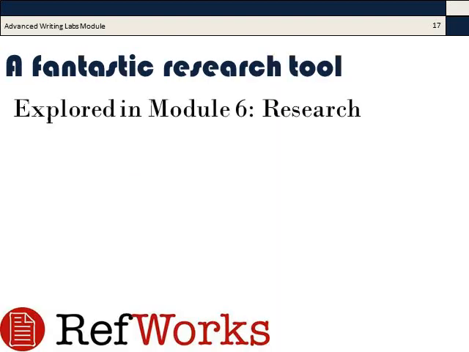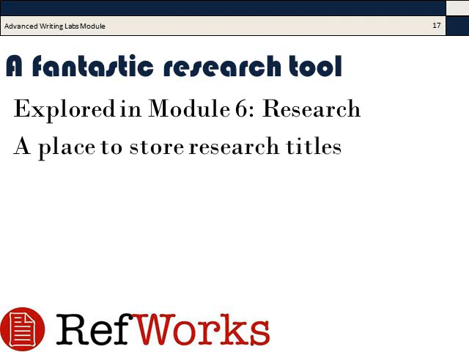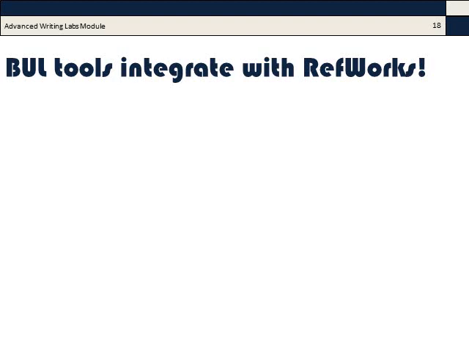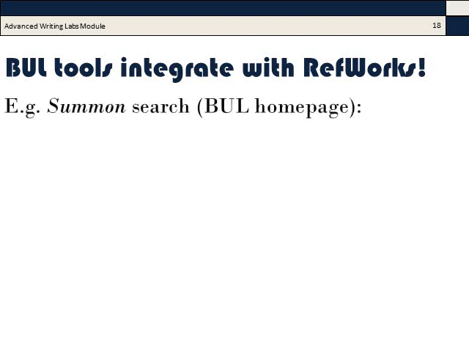In the module on research, we already looked at RefWorks, which is a fantastic research tool. It's a place to store research titles, as we've seen, but it's also a tool for generating the citations for individual reference list items and an entire reference list. Now the great thing is that Bethel Library tools integrate with RefWorks.